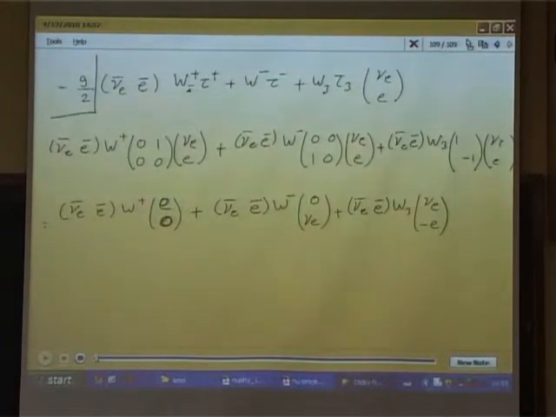Okay, so what does this give me? U E bar W plus E. The second term gives me E bar W minus U E. The third term gives me U E bar W3 U E minus E bar W3.